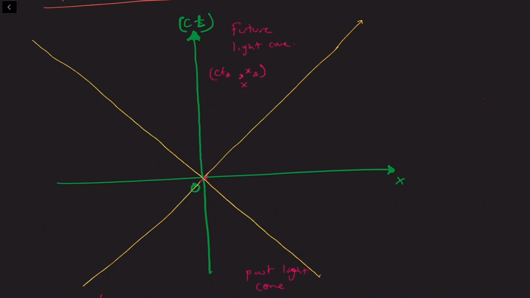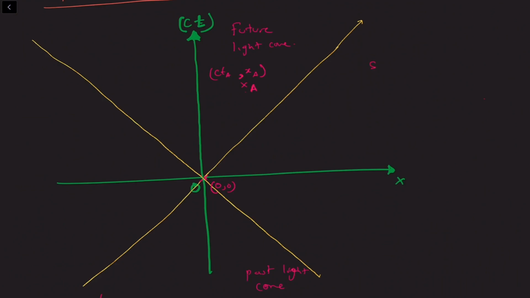Okay, and let's ask, if we take the observer O, who is sitting at 0, 0, what is the space-time interval between these two space-time points? That is the space-time point A, which is within the future light cone, and the space-time point O.